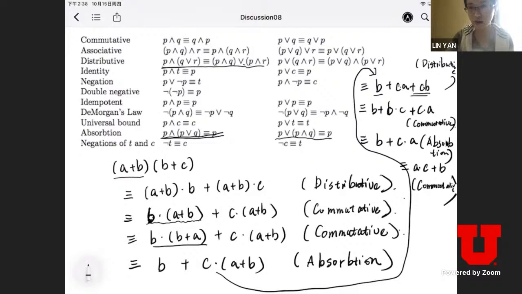If you can get the final answer, the TA will accept this answer.